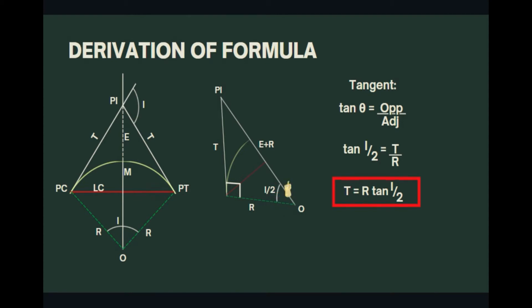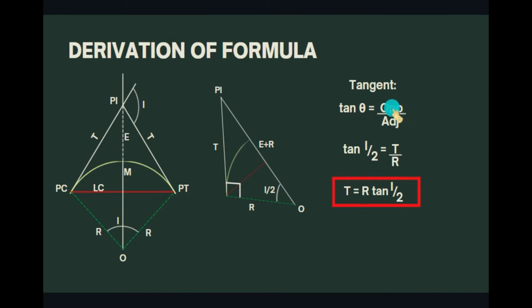So we can now compute the tangent by using the trigonometric identity of tan, or we will just remember SOHCAHTOA, and tan theta is equal to opposite over adjacent.